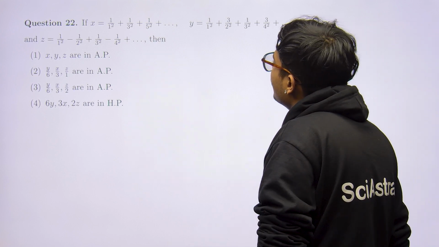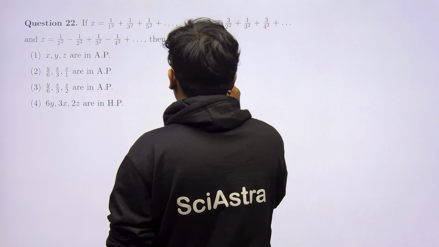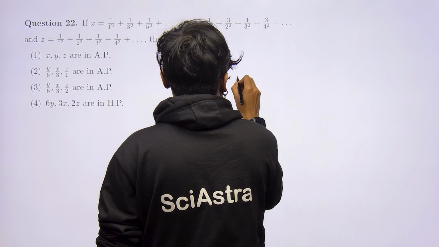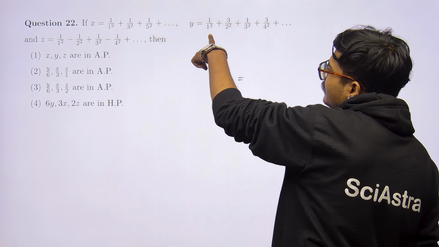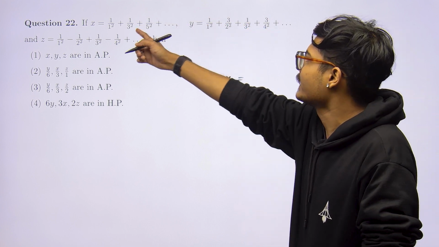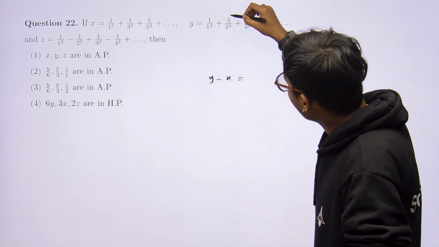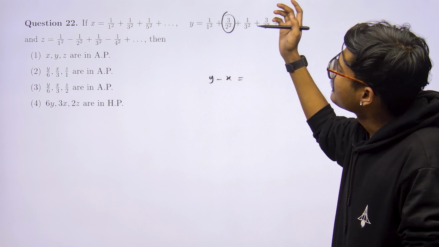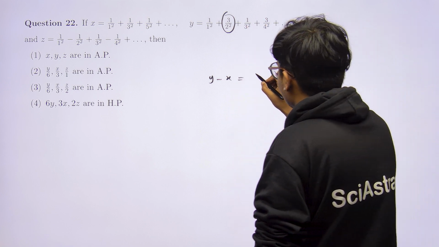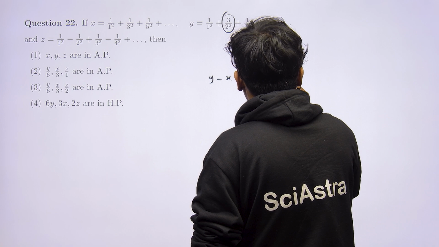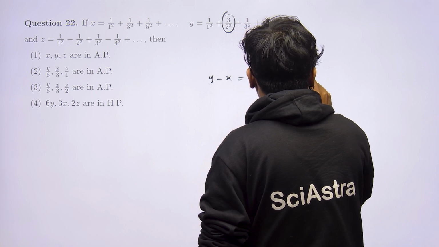If I look at the difference between y and x, y minus x, you can see that all the reciprocals of the odd squares will cancel out, and you'll be left with thrice the sum of the reciprocals of the even squares. So you'll get 3 times 1 by 2 square plus 1 by 4 square and so on.